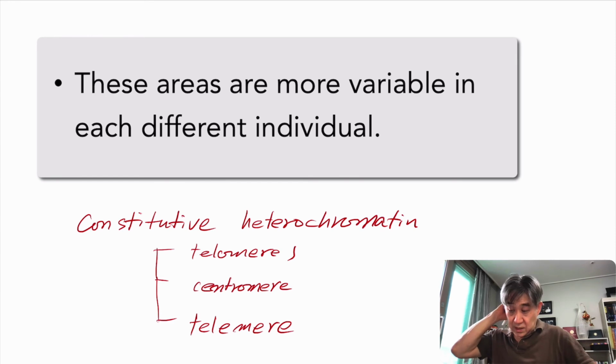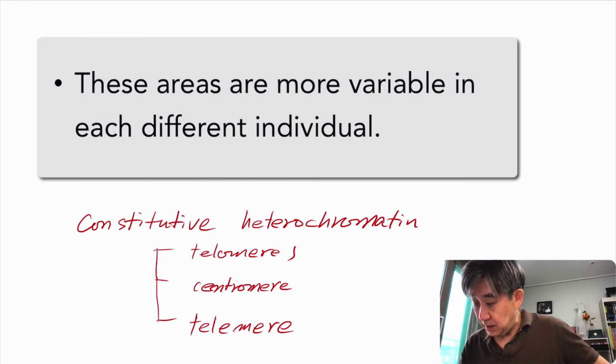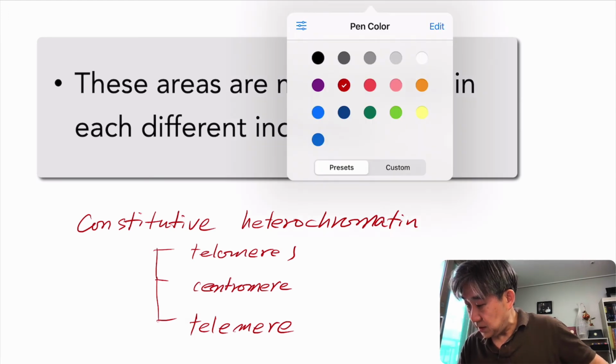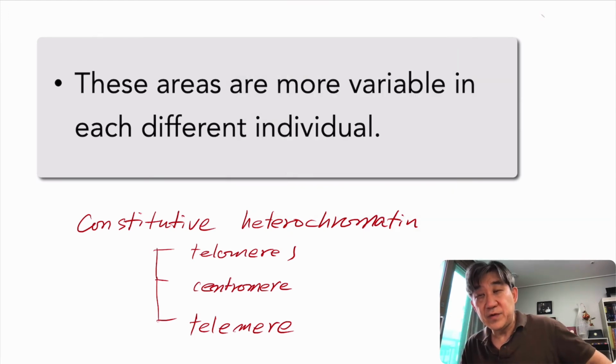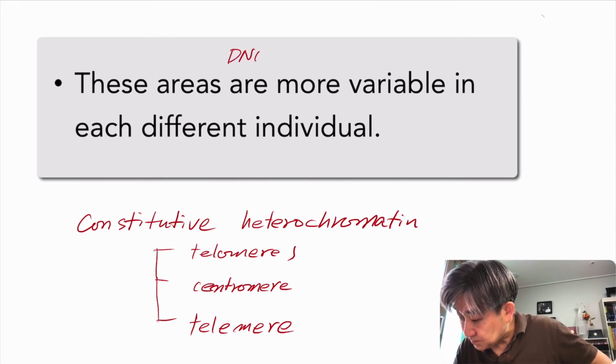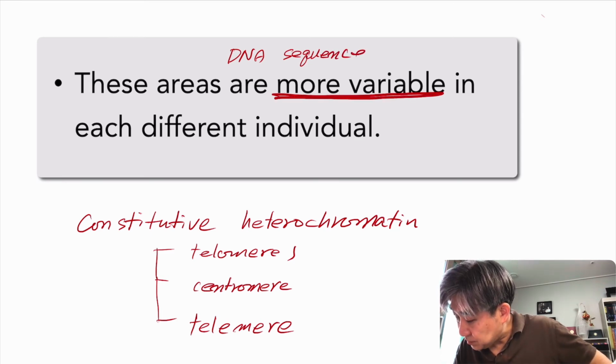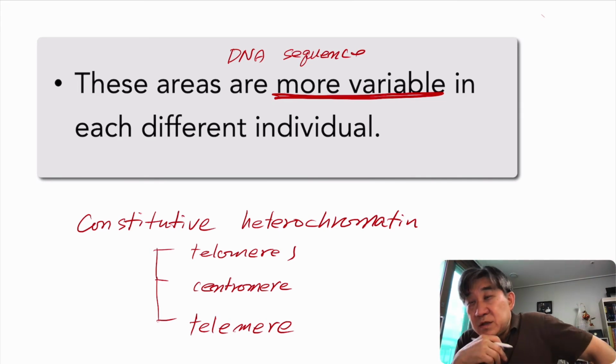These three areas are examples of constitutive heterochromatin. And what's more important is that the DNA sequence of those constitutive heterochromatin areas is highly variable among different individuals, for example in humans.